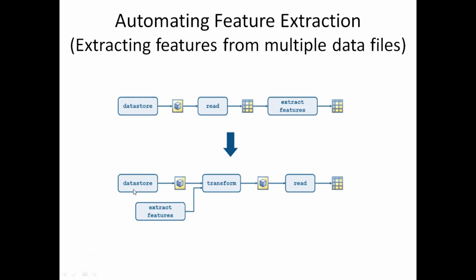Using datastore, we have already seen how to load multiple files. So along with datastore, how to extract the features also using this transform function, so that when you are importing the data, automatically the features in those particular files will be extracted.